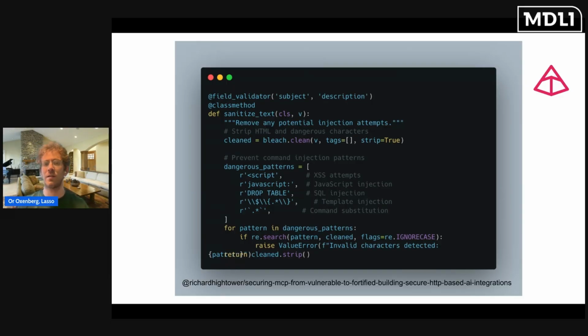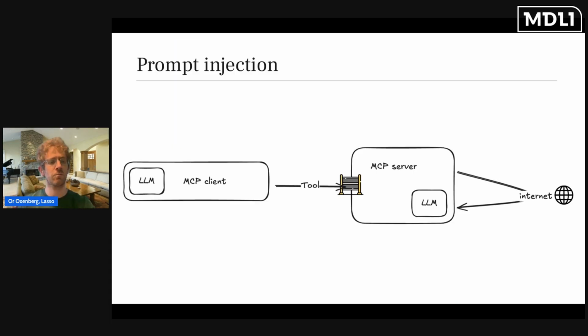You can use standard tools like Pydantic that can wrap your validation process in the server, and a library like Bleach that will clean dangerous characters from the HTML sent to you, or pattern recognition that will recognize a pattern that would run an XSS or something like this. You can easily add this code to your server as sanitized text to protect you and the client.